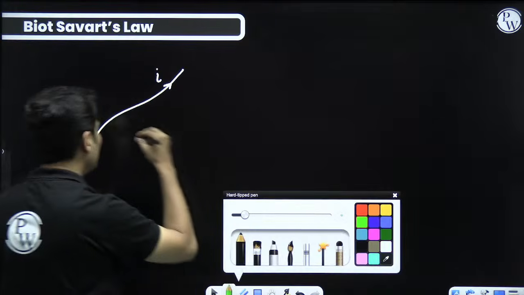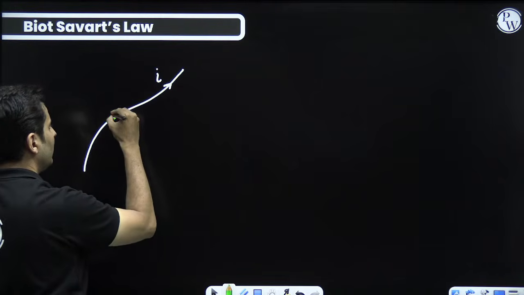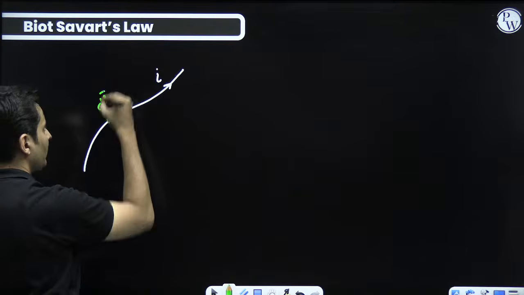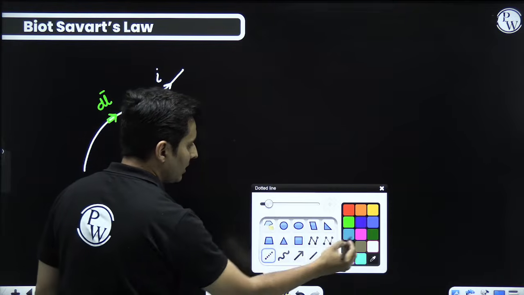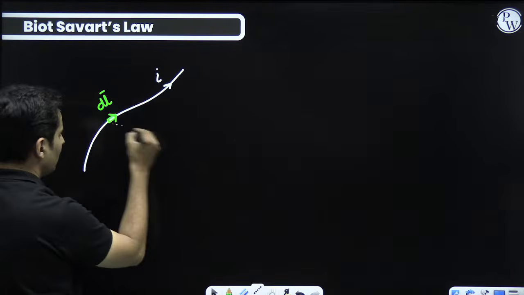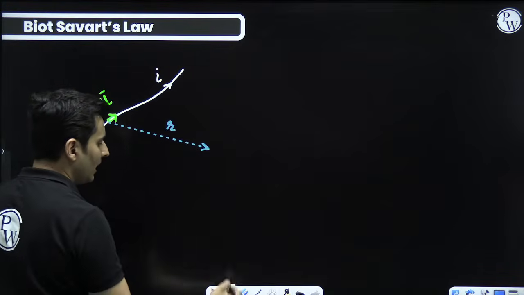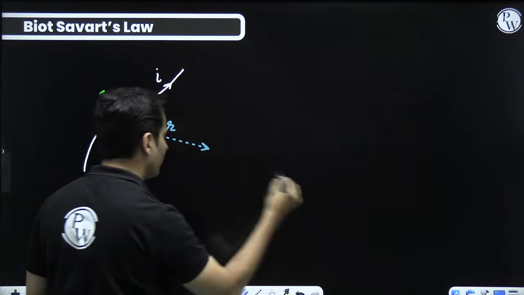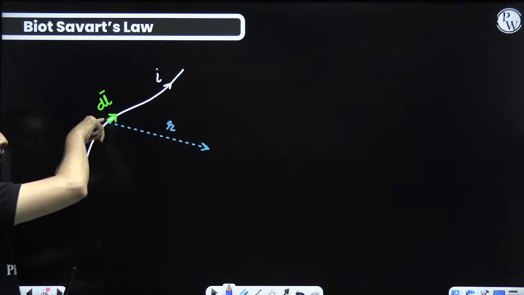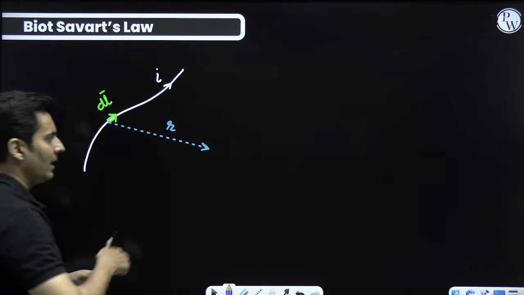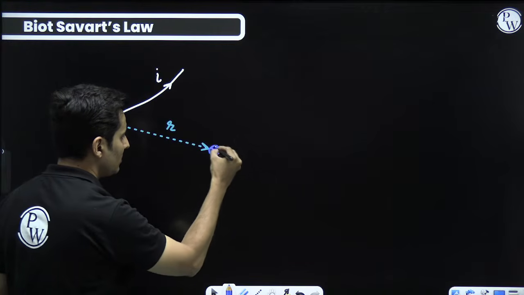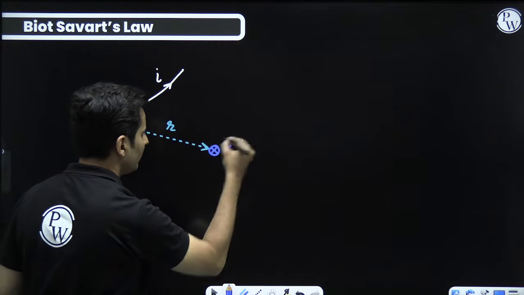Then you will take a small element like this, dl, and a distance like this, which is r, and at this particular point we figure out the magnetic field due to this small element. dl cross r will go inside, so I put dB vector over here.